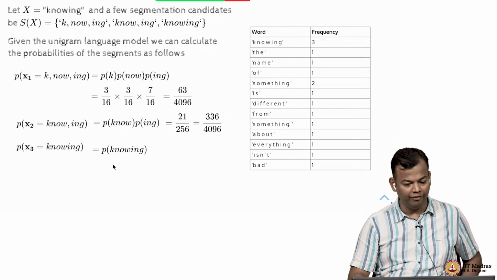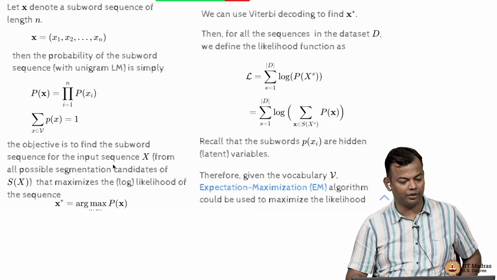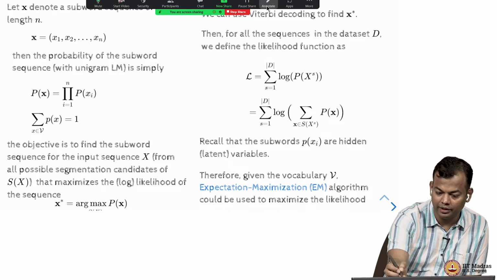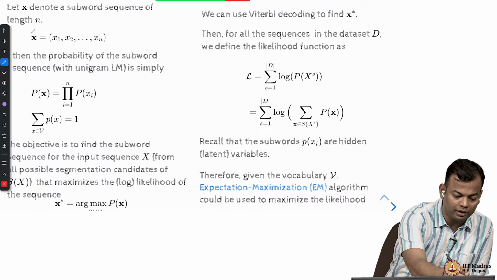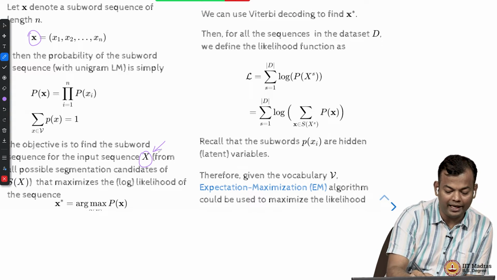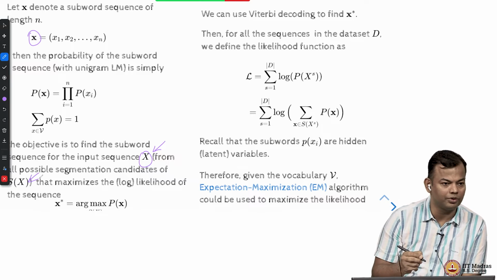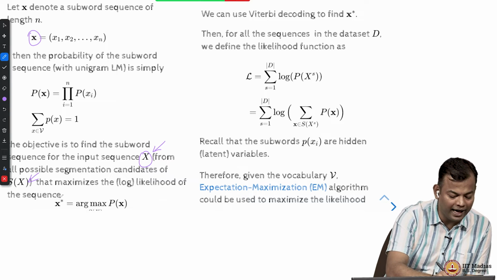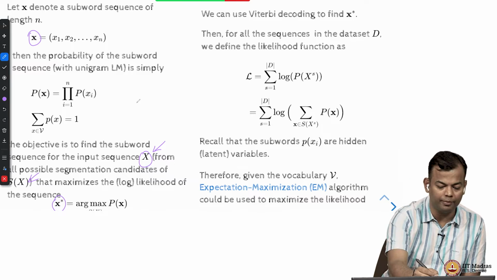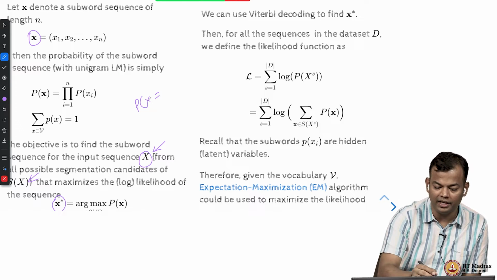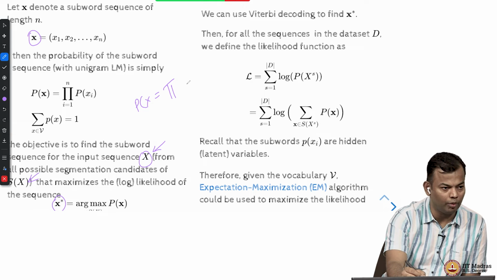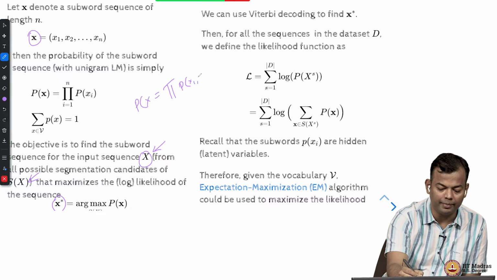Now if this is understood, let me go back to the previous slide. This is what we were trying to say: you have a subword sequence. For a given word capital X, there are many sequences possible, and you are looking for the sequence which maximizes the probability of X, and the probability of X is just the product of the probabilities of its subsequence.